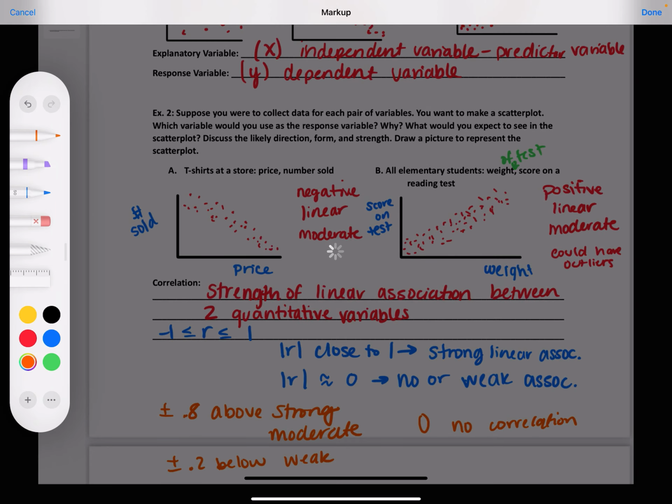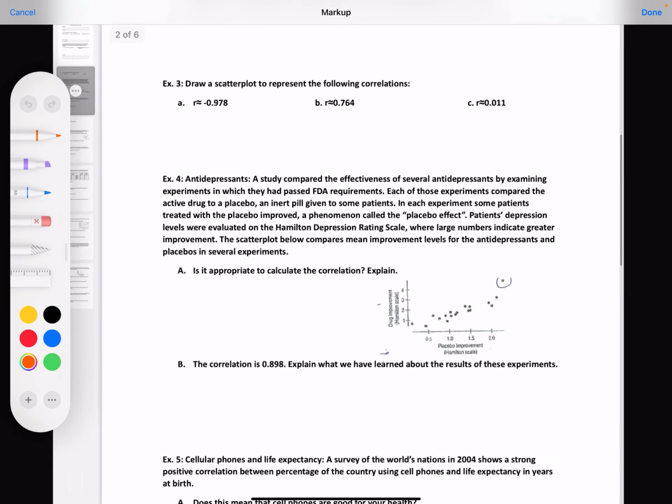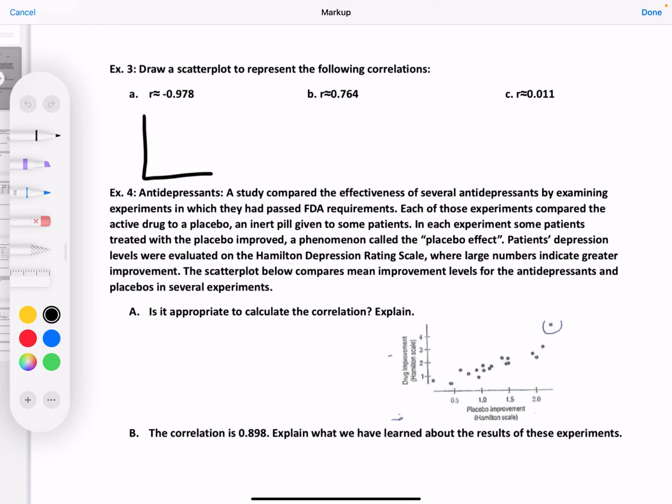All right. Number 3, draw a scatter plot to represent the following correlations. So this will maybe be a strong linear association. In what direction? Positive or negative?